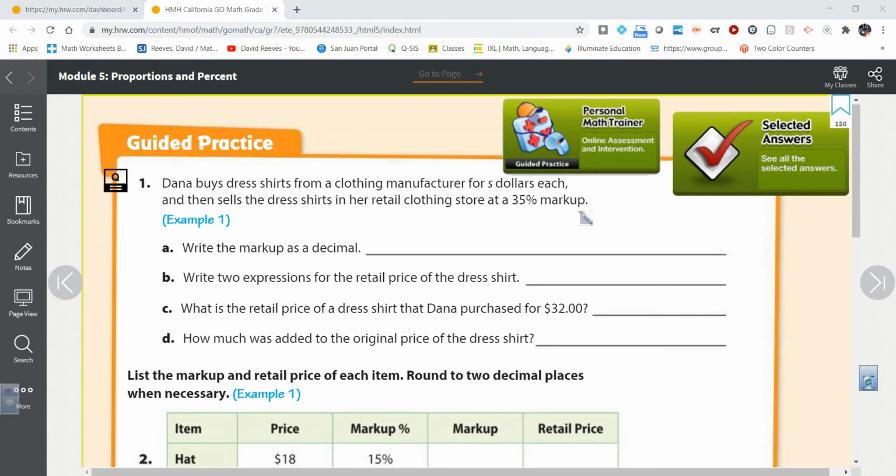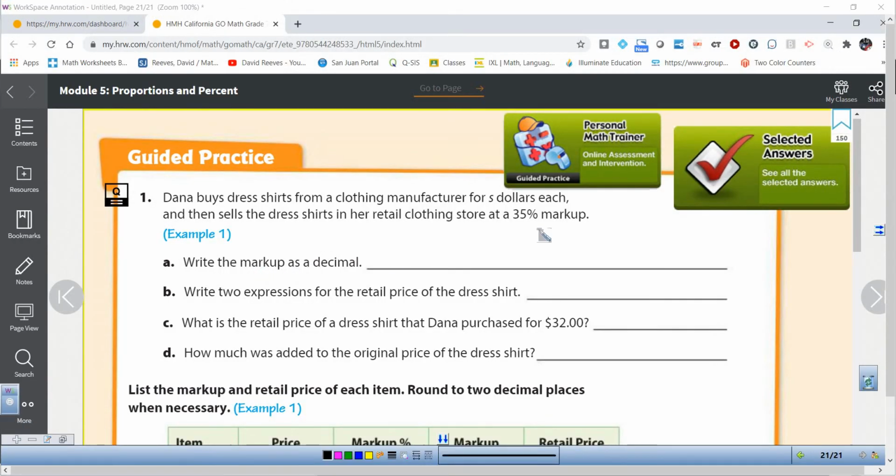All right, so here we go. If we're talking simply the markup itself as a percent, 35% is equal to 0.35, because we're going to move the decimal 2 places to the right. Now, an expression for the markup would be 0.35 times S, because S is that unknown price.